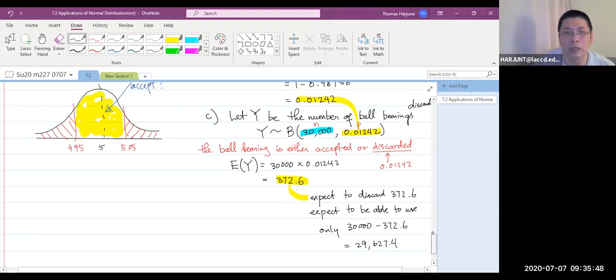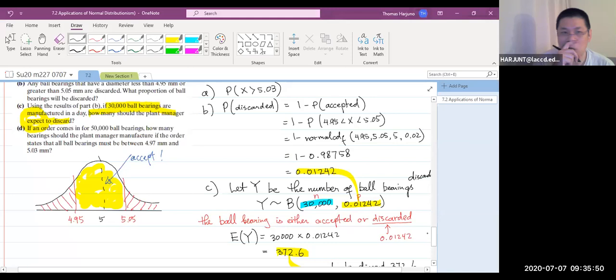Now, part D is even more interesting. An order comes in for 50,000 ball bearings. For part D, you need 50,000 ball bearings.